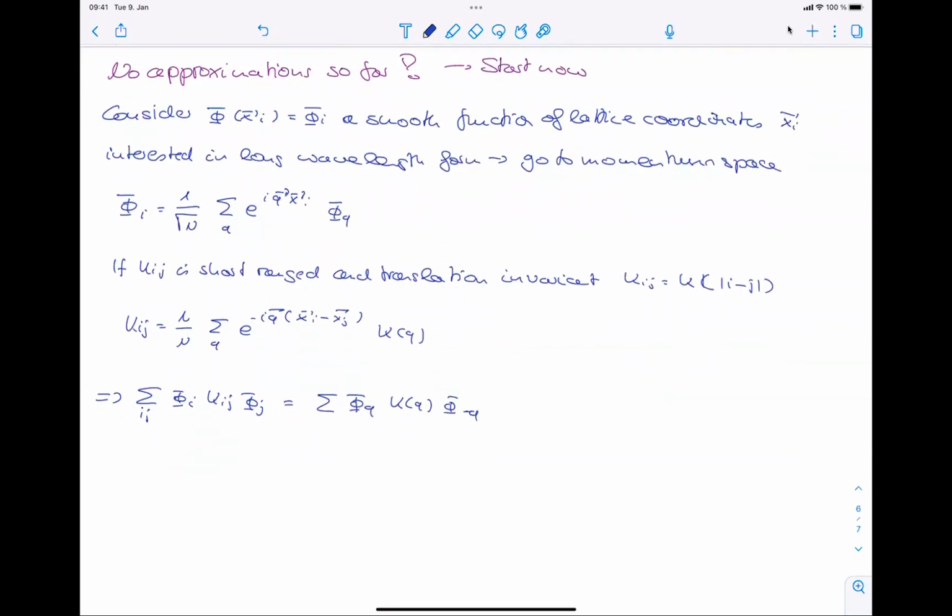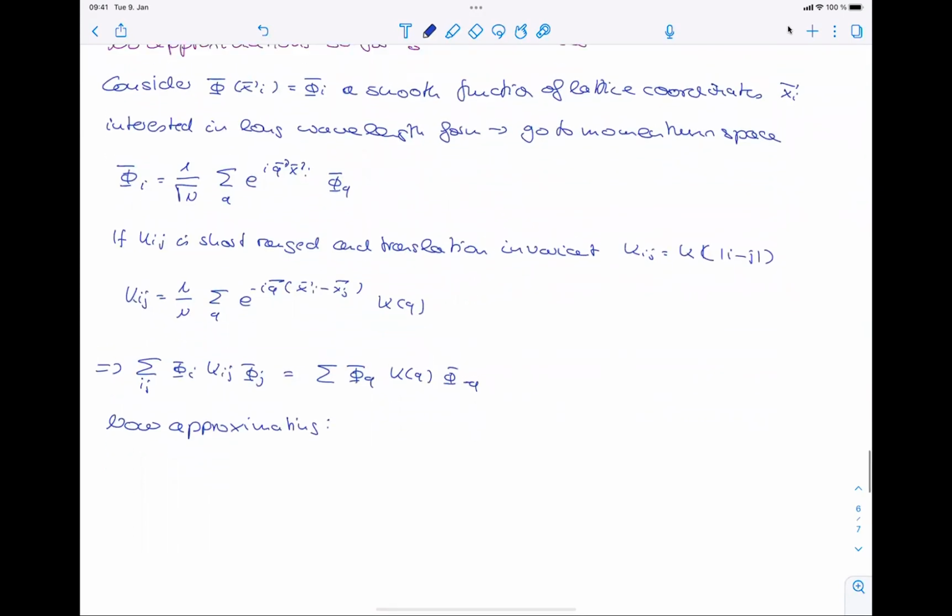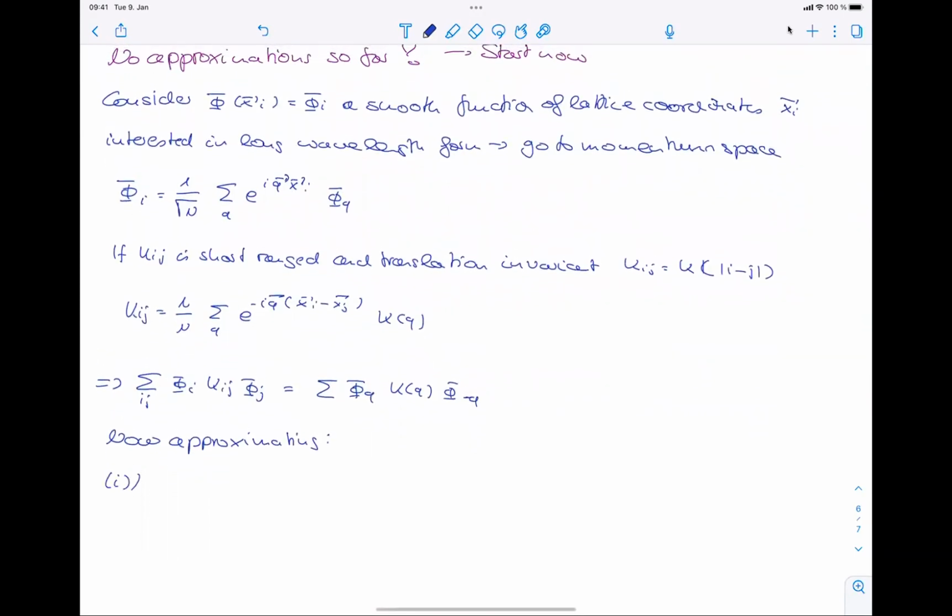Okay, and now we start approximating. So first, we're going to make an assumption on the interaction strength.